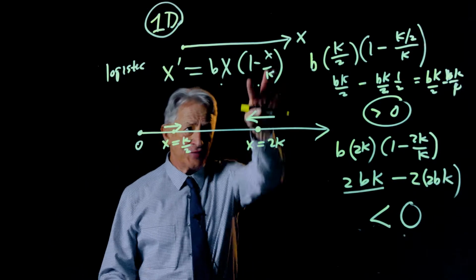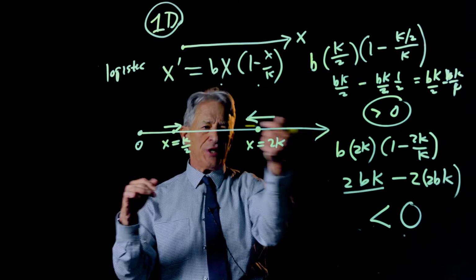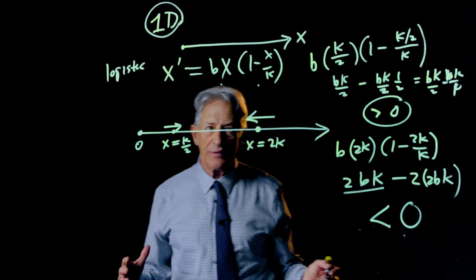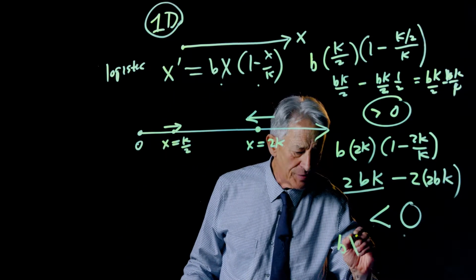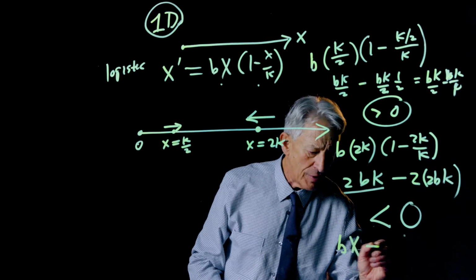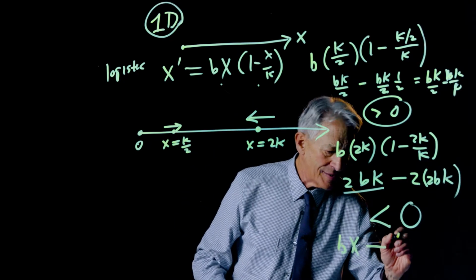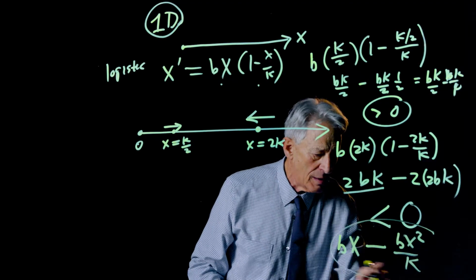For huge values of x, can the change arrow change signs? And the answer is no, because the vector field is bx. Let me multiply these terms out. bx minus bx squared over k.